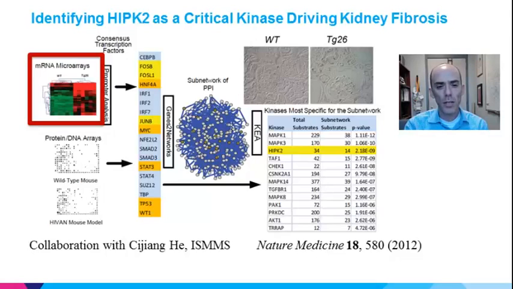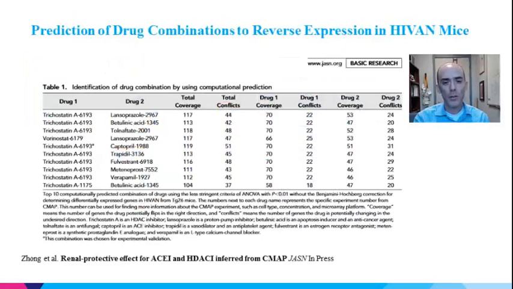So we also tried DrugPairSeeker to identify pairs of drugs that can reverse the expression changes towards the healthy phenotype. The results of this study were published recently in the journal JSON. Interestingly, the program identified captopril as a potential drug in this list of drugs, and captopril is already used to treat those patients, but a combination of captopril with an HDAC inhibitor was not tested before.